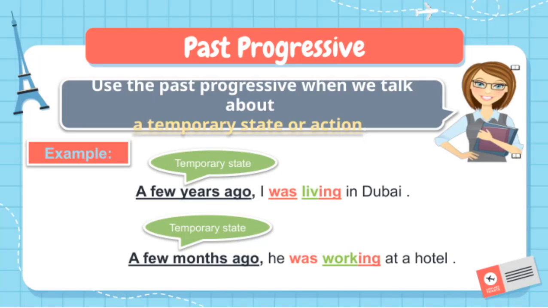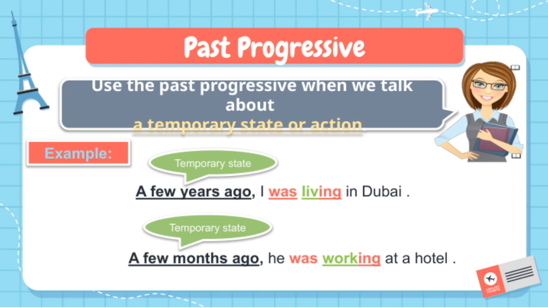A few months ago, he was working at a hotel. This is a good example of a temporary state or action. When we talk about something that was happening around a specific time in the past, we use the past progressive tense. Similarly, a few years ago, I was living in Dubai. This shows that I was in Dubai during that period, but it was temporary. It wasn't permanent or ongoing forever.